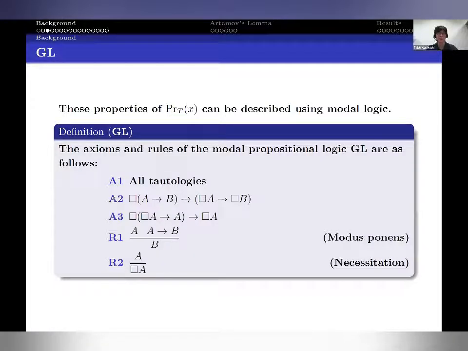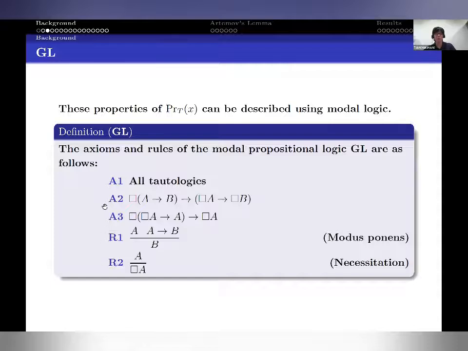A2 is called the distribution axiom. The third one is the Leb's axiom, which corresponds to the formalized version of Leb's theorem. The rules of GL are modus ponens and necessitation.